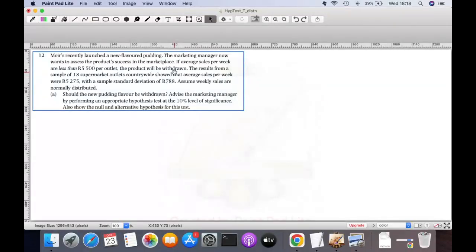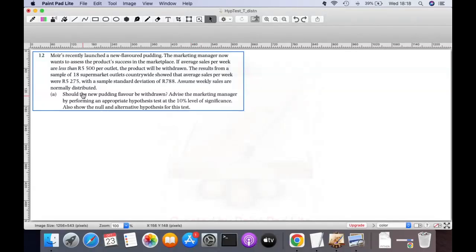So you can consider it a failure and they will scrap this product. The results from a sample of 18 supermarket outlets countrywide showed that the average sales per week was actually 5,275 rands. The sample standard deviation was 788 rands.